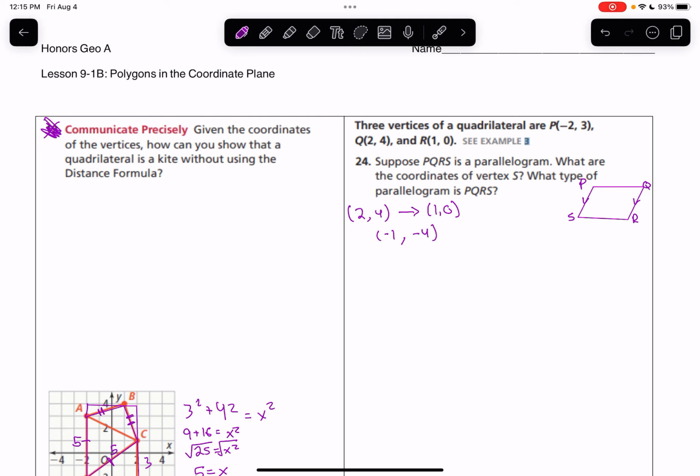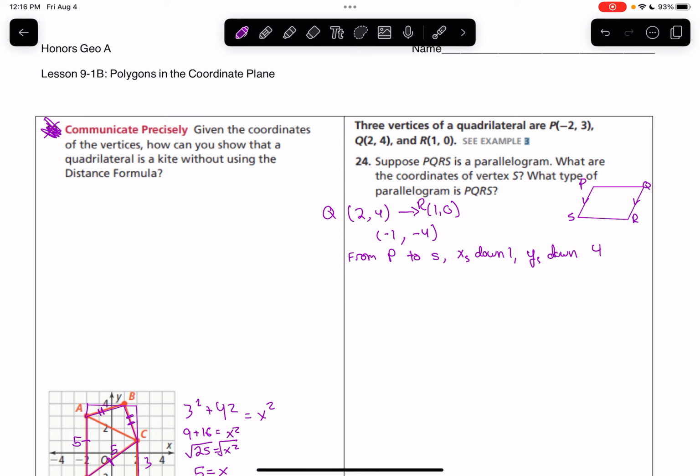So to go from Q to R, I go down 1 on the x and down 4 on the y. To go from P to S, I need to do the same thing. So from P to S, x's will go down 1, y's down 4.